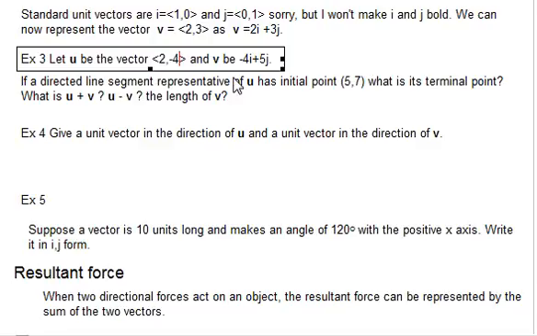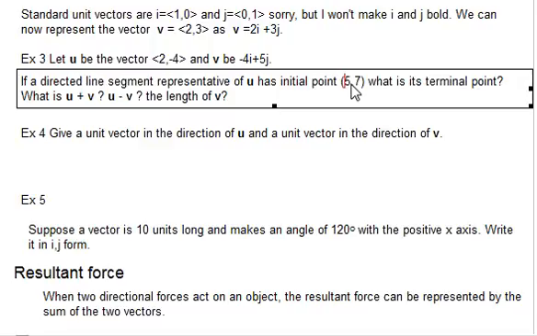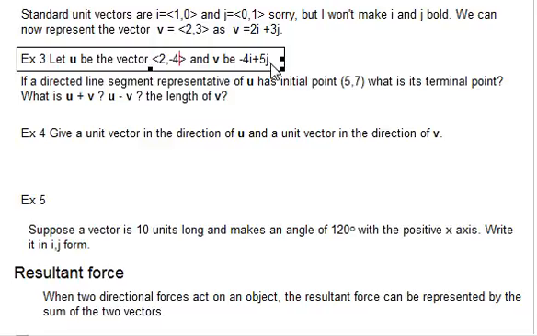If it has initial point 5, 7, if we add 2, the terminal point would be 7 for the x, and 7 minus 4, 3 for the y. So its terminal point would be the point 7, 3.